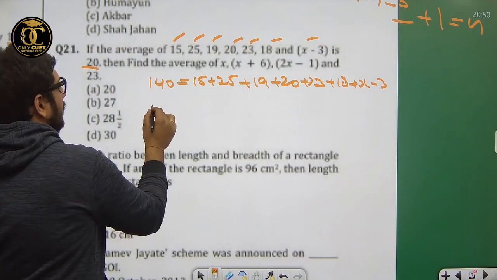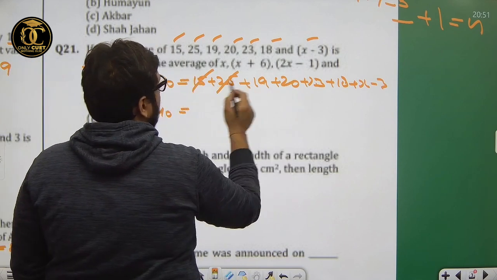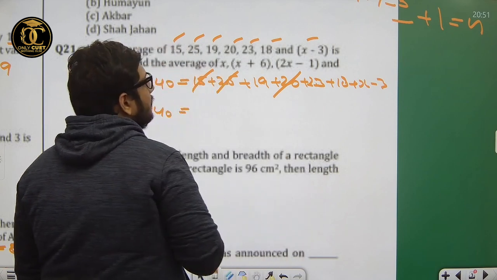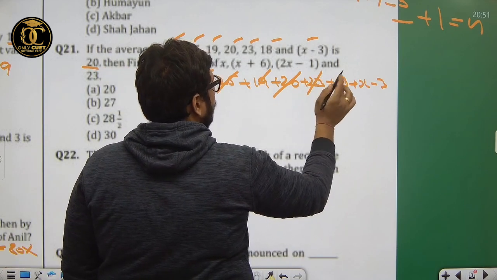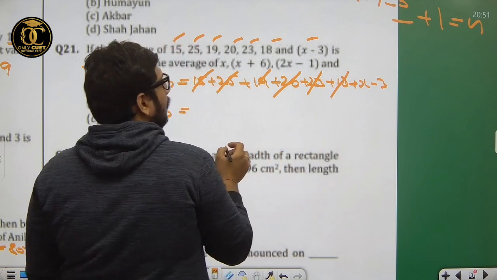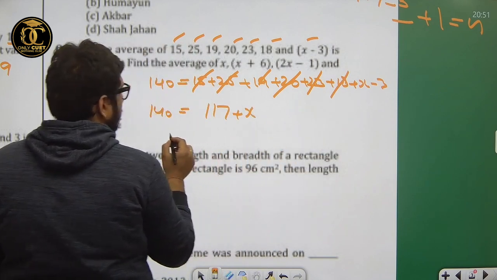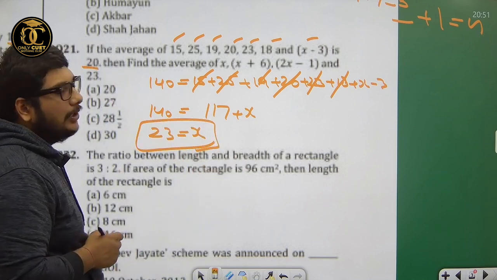Correct? That is 140 is equal to 40, 40, 60, 79, 89, 99, 102, 120. 120 minus 3 is 117 plus x. That is 23 is equal to x. I got the value of x as 23.